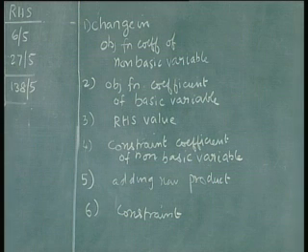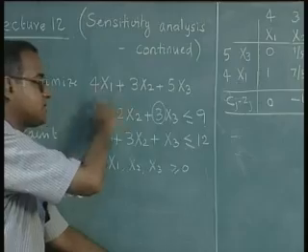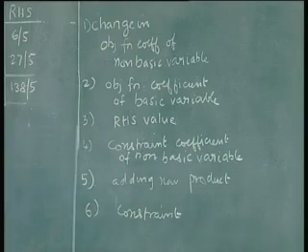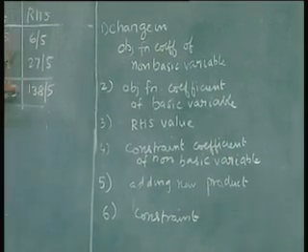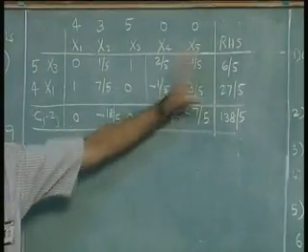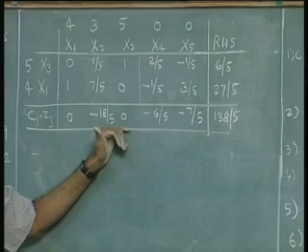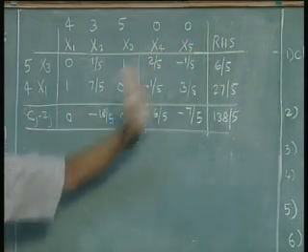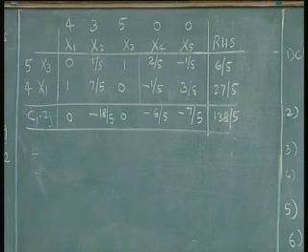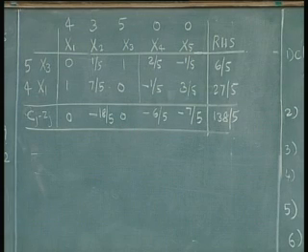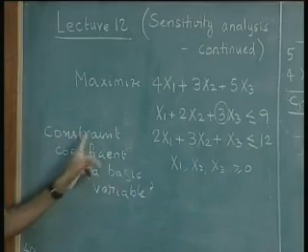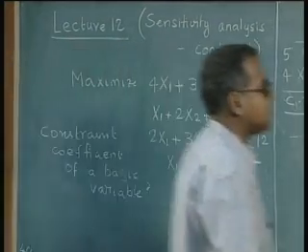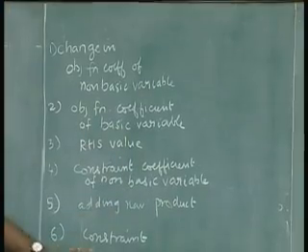Because of the possibility that due to change in basis, B inverse changes and the entire matrix changes, we could have infeasibility here and non-optimality here. So we do not want to start with a matrix which is both infeasible as well as non-optimal. So it is customary that we do not perform sensitivity analysis if we have constraint coefficient of a basic variable changing. So let us go back and summarize the various aspects of sensitivity that we have seen.